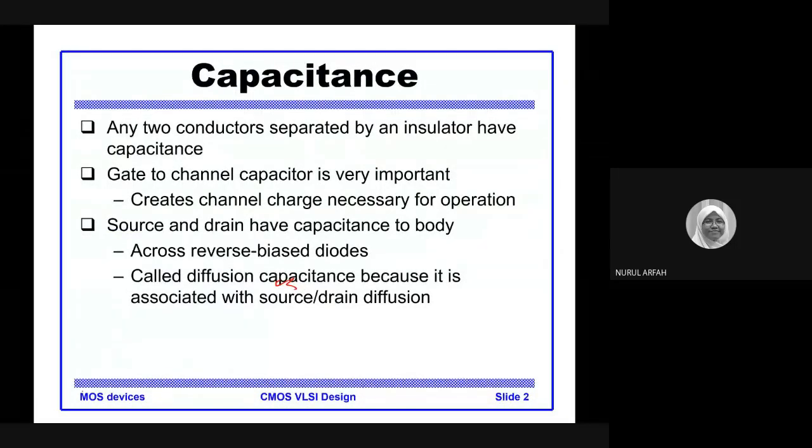This is the N plus transistor, the substrate, the P substrate.